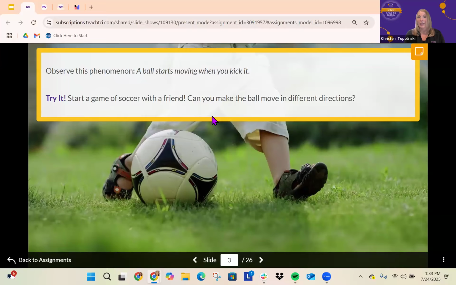That's the phenomenon. For lower-level students, I think it helps them understand that when I say phenomenon, it's not some big great thing. It's just something that happens every day. If you go out onto a playground in the United States, you're going to see a student kicking a ball or rolling a ball. Those are things that happen every day across the country.